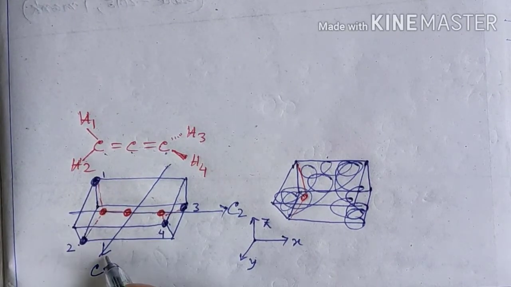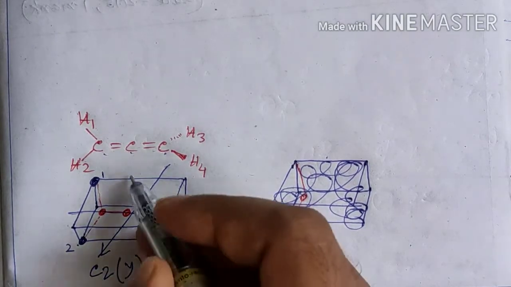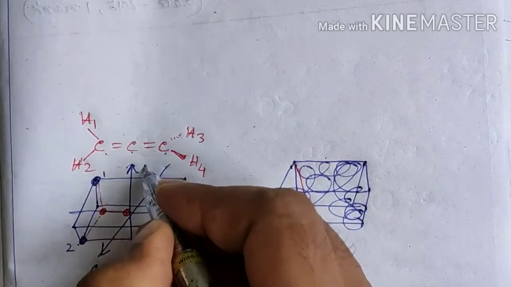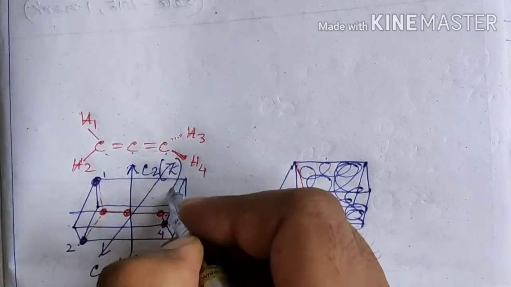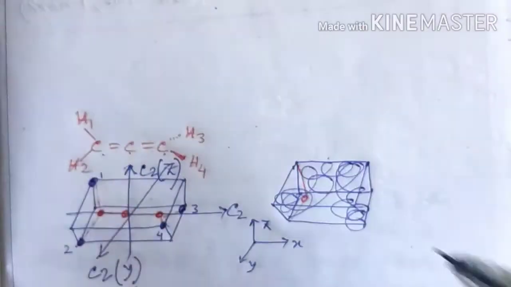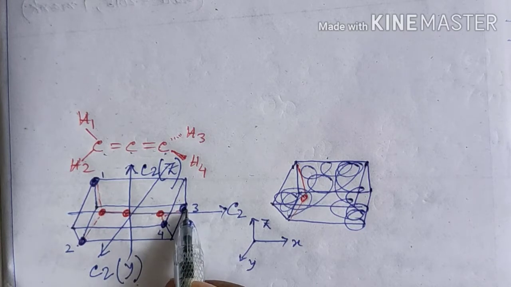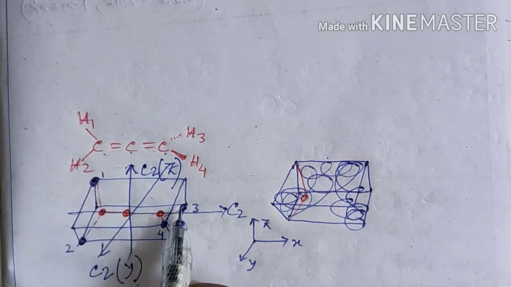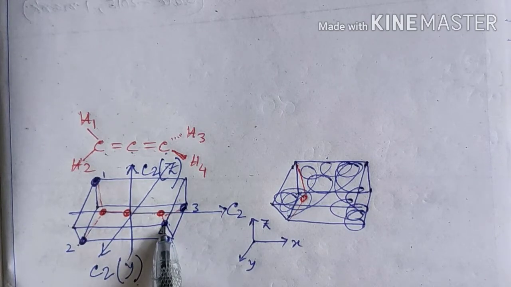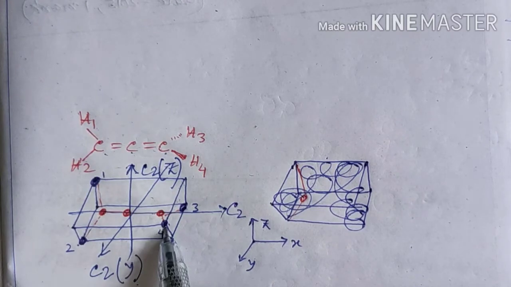That means there is one perpendicular C2 axis along the y-axis, and similarly there will be another perpendicular C2 axis along the z-axis. If we rotate this molecule along the z direction, then hydrogen atom 3 will go to 1 and 1 will come here, and similarly hydrogen atom 4 will go to 2 and 2 will go to 4.